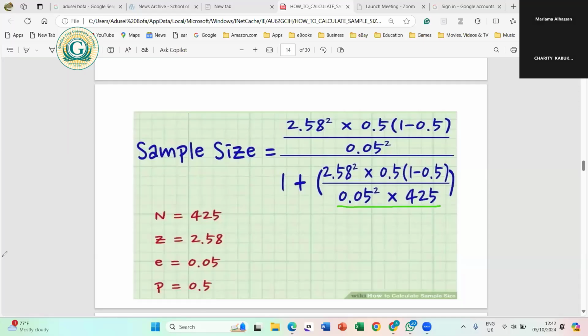Okay? So normally the problem that you encounter is your ability to put these things on the calculator. As I said, take your time. Don't try to put everything in the calculator. If you do that, you may not get the right thing. So I advise you take your time one after the other.